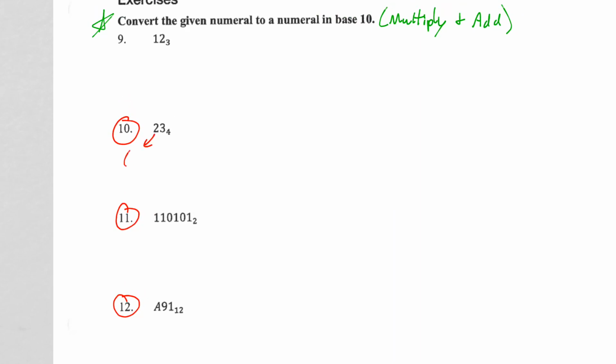Remember, that means 2 groups of 4. This means 3 ones, 3 extra. That's because this is the first place value, this is the second place value. So we multiply and add, so we get 8 plus 3, and that equals 11 base 10. In other words, that's 11 items.